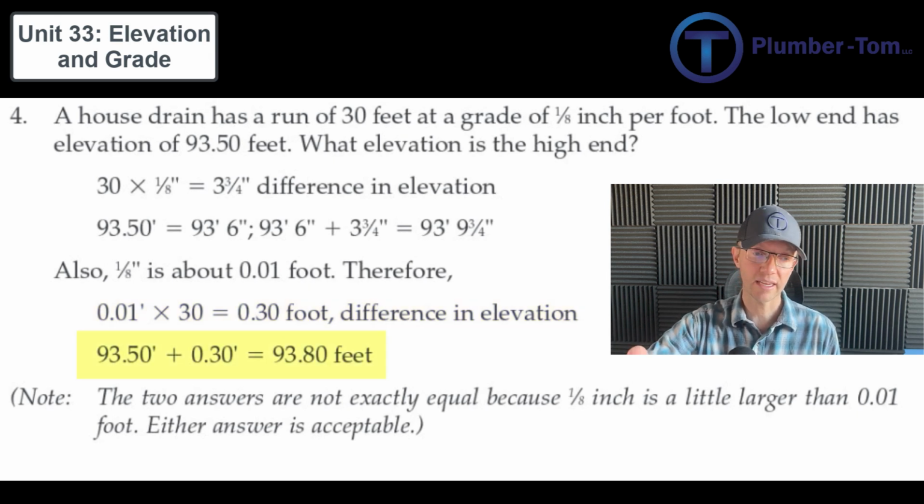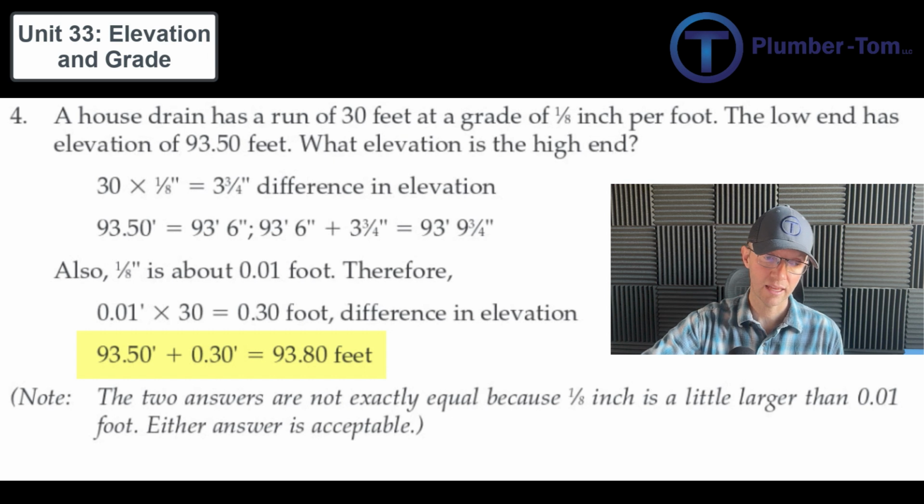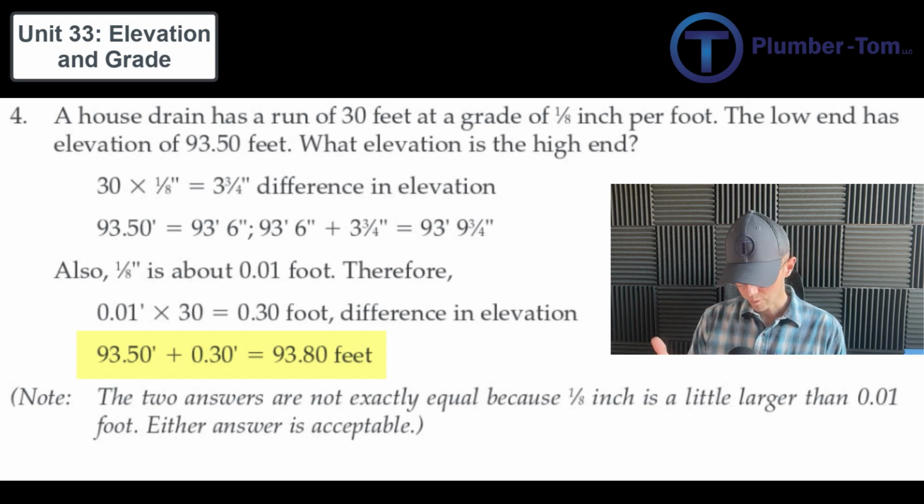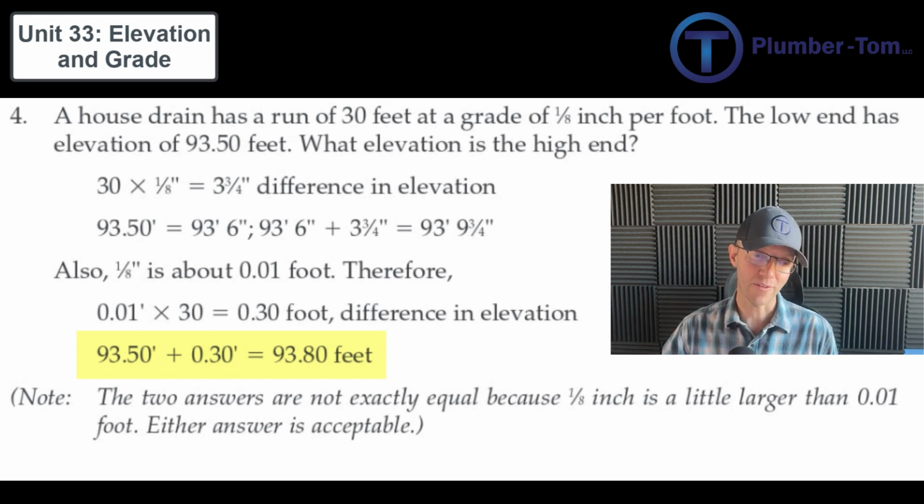And then they're just adding that 0.30 to their starting elevation. They get 93.80 feet. Now, if you compare that to what we got, 93.81 feet, it's within 1/100th of a decimal foot. Our answers are really close. And so, yeah, good enough.